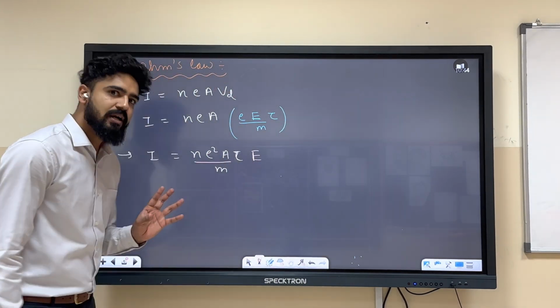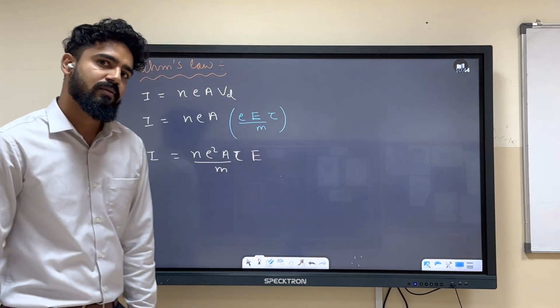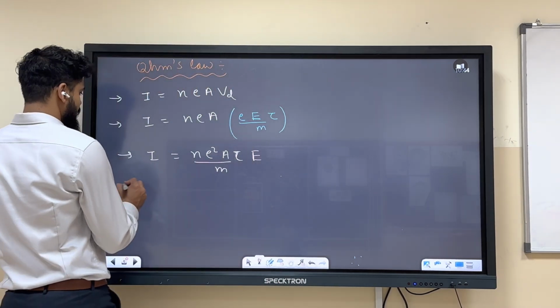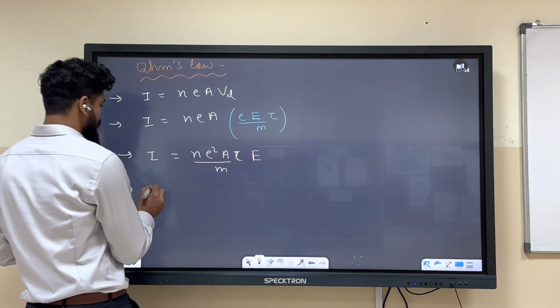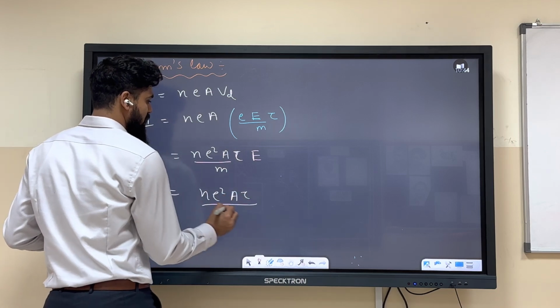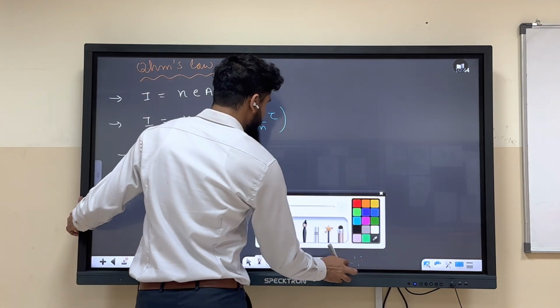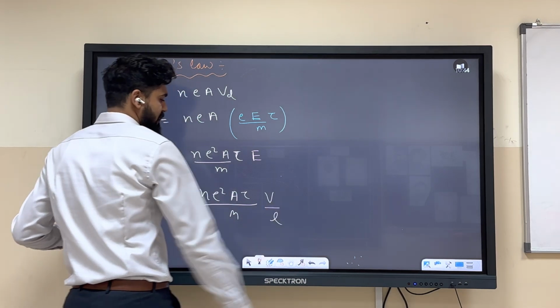So it can be written as potential by length.